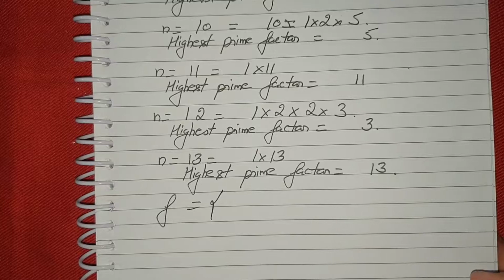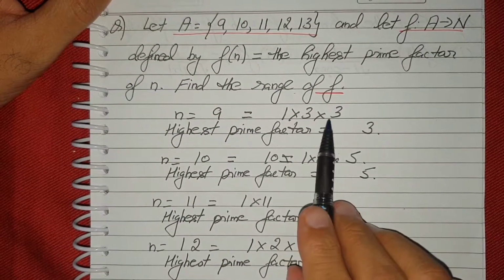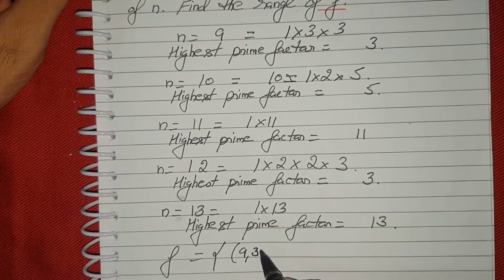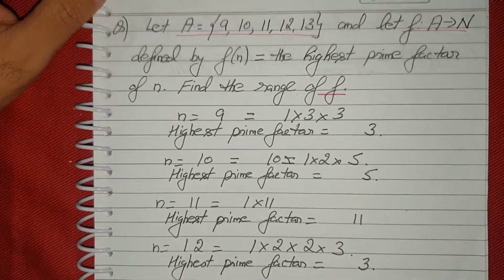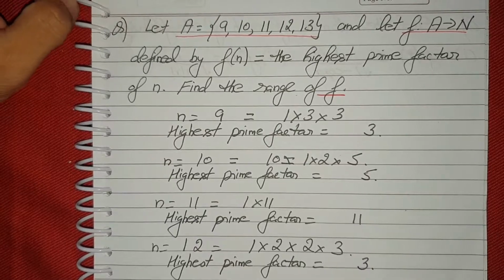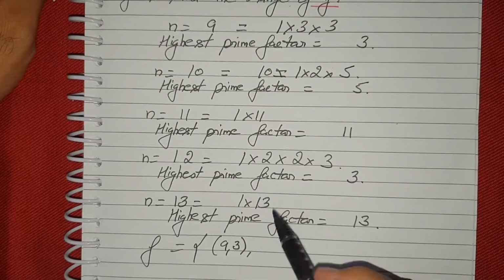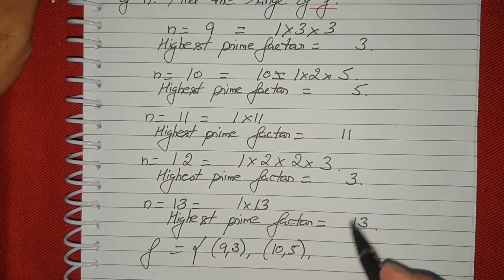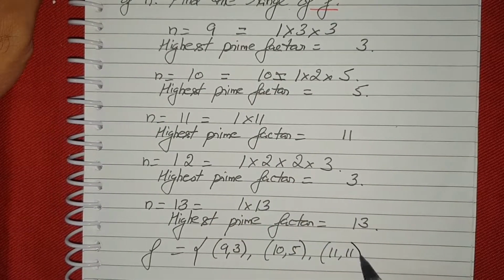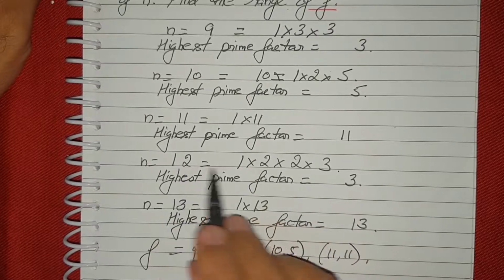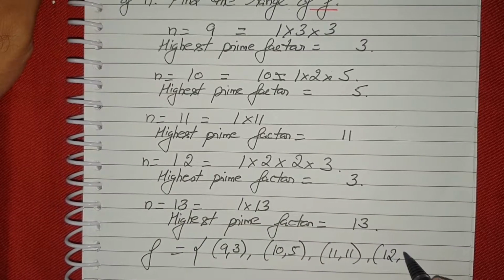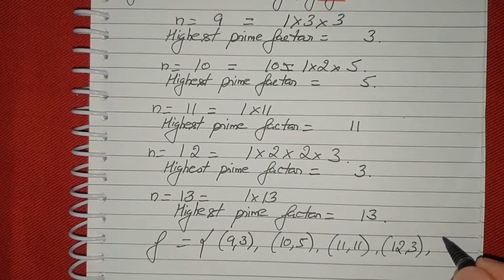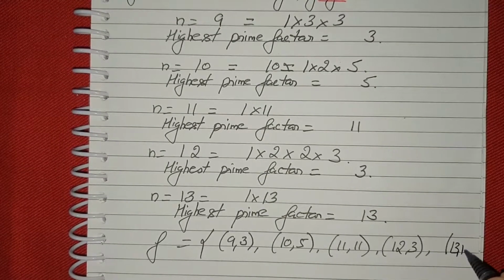So now if we define f, the function will be: for 9, it was 3. For 10, it was 5. For 11, 11. For 12, it was 3. For 13, it was 13.